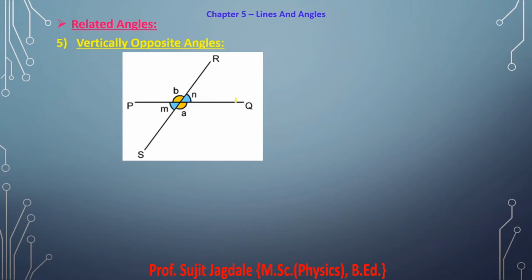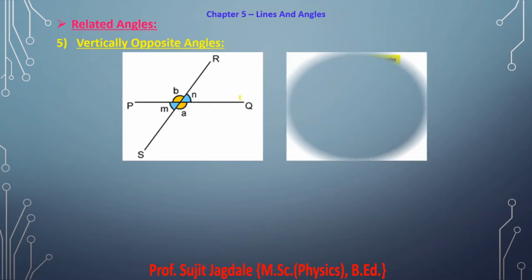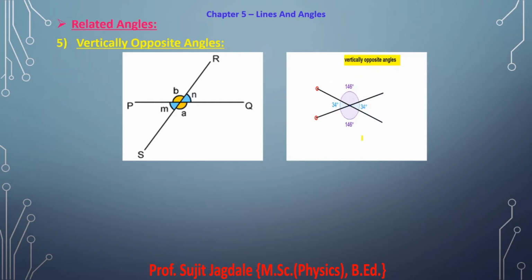Now if we consider the second diagram, from these measures it is clear that when 2 line segments intersect each other, we get vertically opposite angles, and each pair of vertically opposite angles has equal measures.